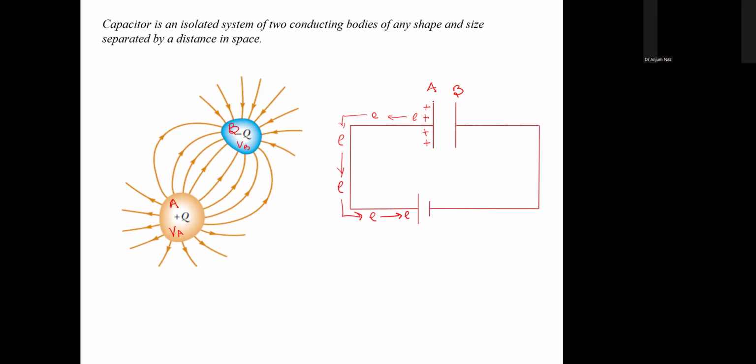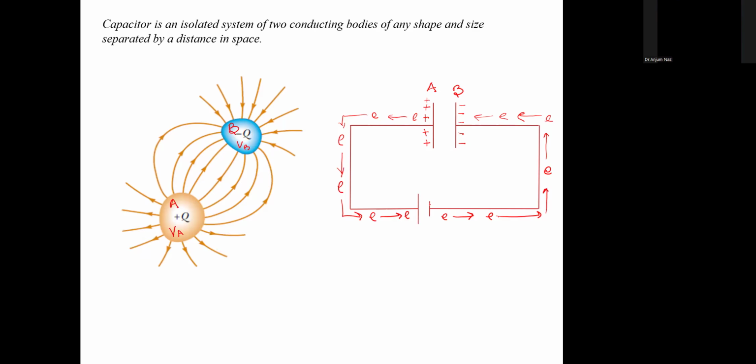That is, on this plate there is a deficiency of electrons, and the negative terminal of the battery will push electrons to plate B, and these electrons get accumulated on plate B, so this plate becomes negatively charged, because on plate A there is a deficiency of electrons, and on plate B there is an excess of electrons. So plate A acquires positive charge and plate B acquires negative charge.